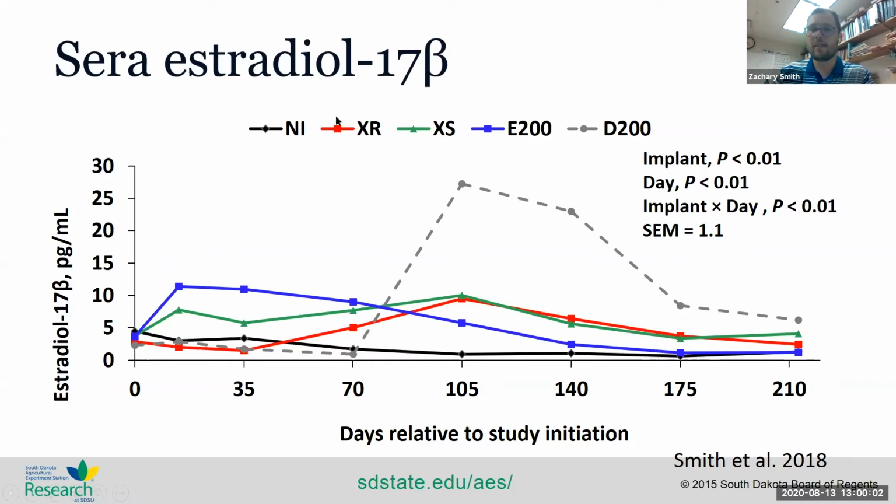This XR is an extended release 200 TBA, 20 milligram estrogen implant that was approved in the US, and Merck produces it. XS, this is a 200 TBA, 40 estrogen. It's an initial and delayed release implant. And then we implanted cattle either on day 0 or on day 70.